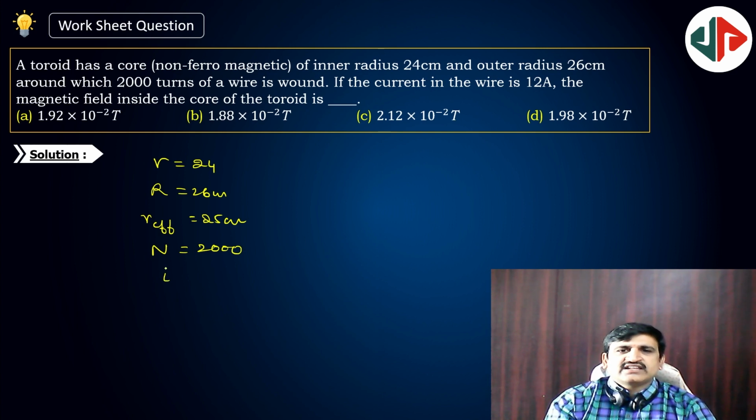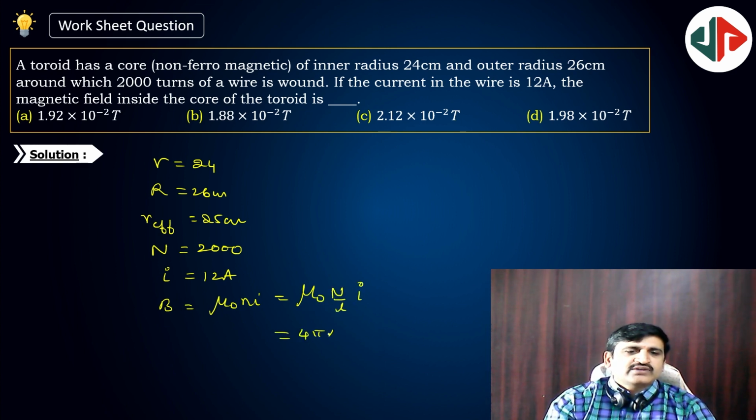If the current I is 12 amperes, the magnetic field inside the core of the toroid is B = mu naught N i, which is mu naught N/L times I. Mu naught is 4 pi × 10^-7, number of turns 2000, length is 2 pi r, with r = 25 centimeters converted using 10^-2, and I is 12 amperes. So it should be simplified, 2 pi will go 2 times and so on.